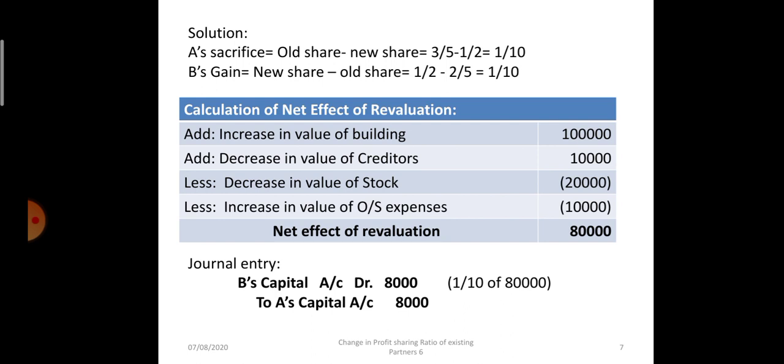In case of stock, it is decreasing by 20,000, and in case of outstanding expenses, it is increasing by 10,000. So the net effect is a profit of 80,000 rupees. When there is profit, the gaining partner will be debited and the sacrificing partner will be credited by the proportionate amount of gain. So 1/10 of 80,000 is 8,000 rupees. So B's capital will be debited and A's capital will be credited by 8,000 rupees.